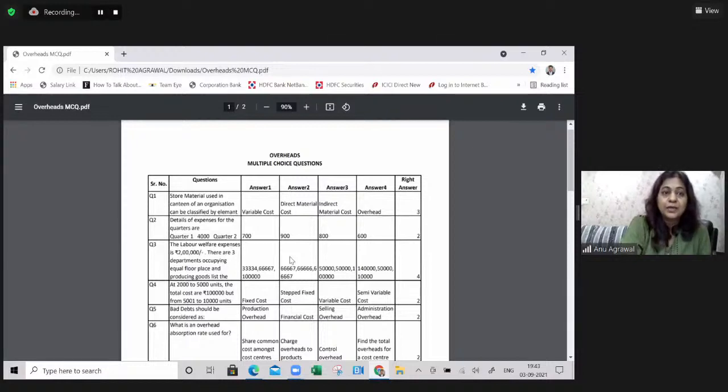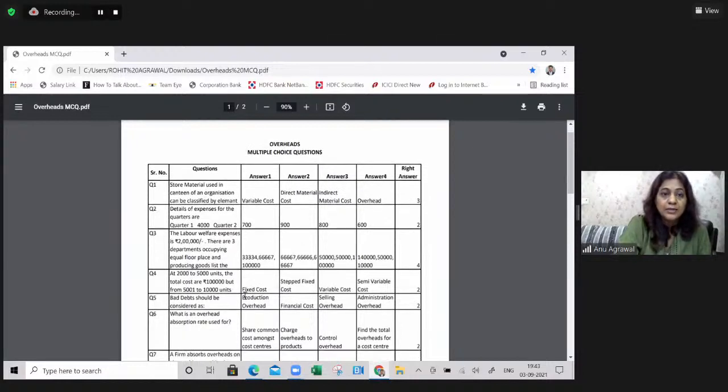Question number 2. Details of expenses for the quarter are quarter 1, 4,000 and quarter 2. Yes, here there is a printing mistake. So please write down quarter 1, 4,000, units 400.